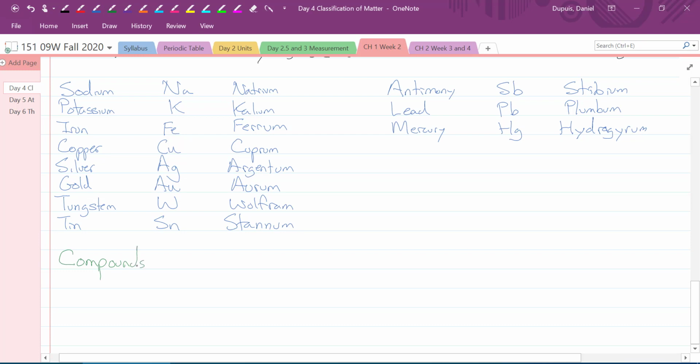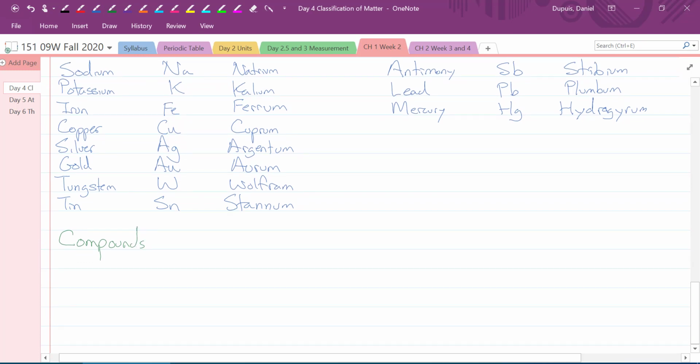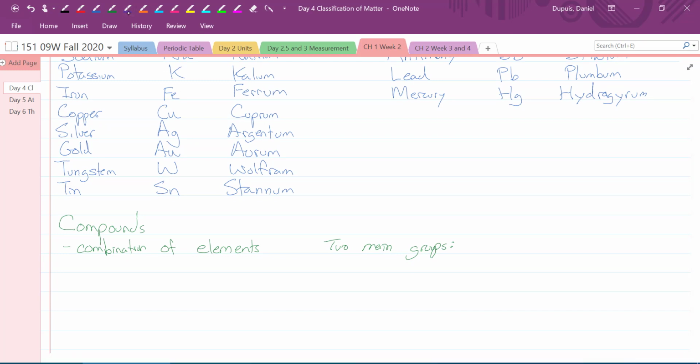So when we talk about compounds, this is a combination of elements. We will use two main groups. We'll have molecular, and we'll have ionic.